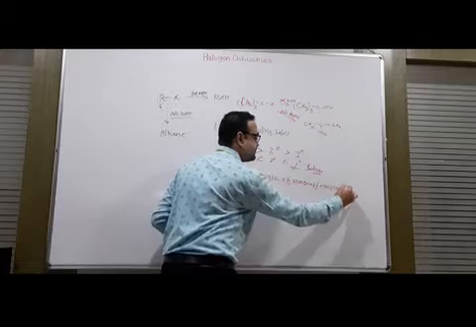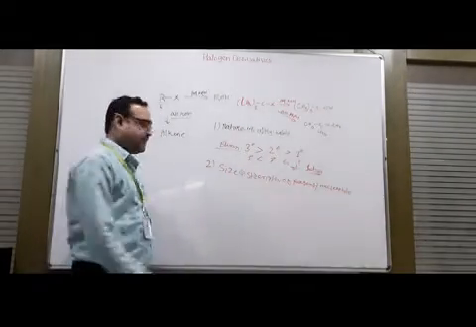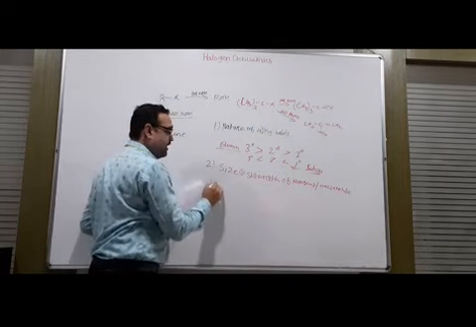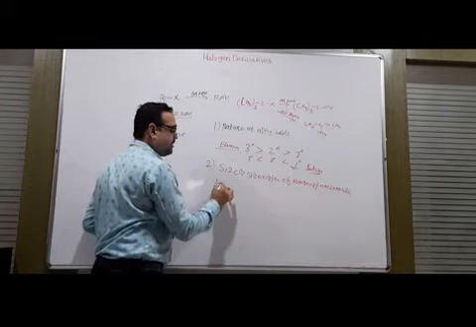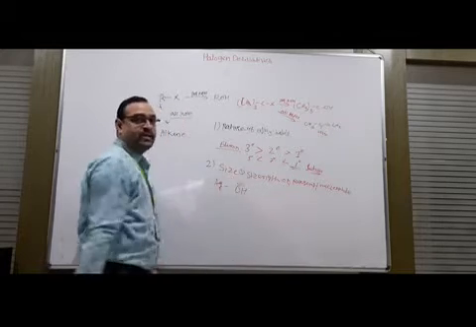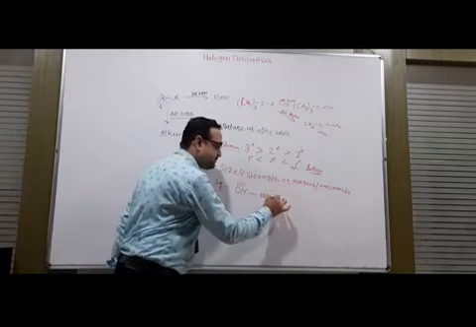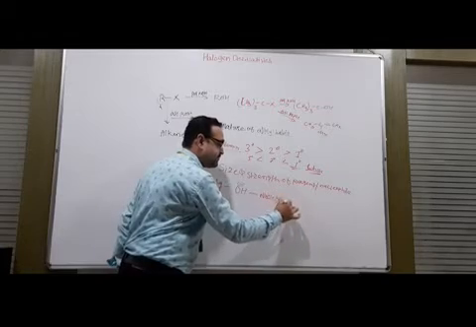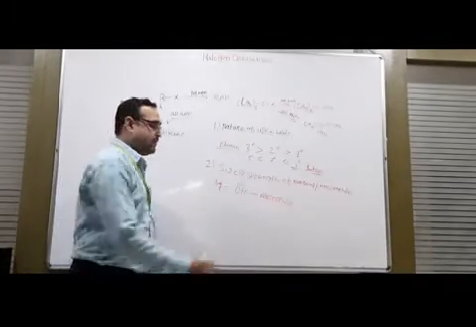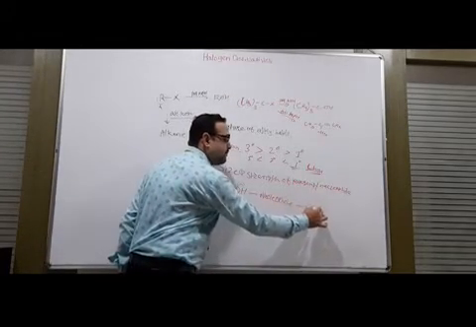Okay, let's see the second point. When this is aqueous KOH, it gives OH minus ions, so it acts as a nucleophile, which means it goes towards substitution.